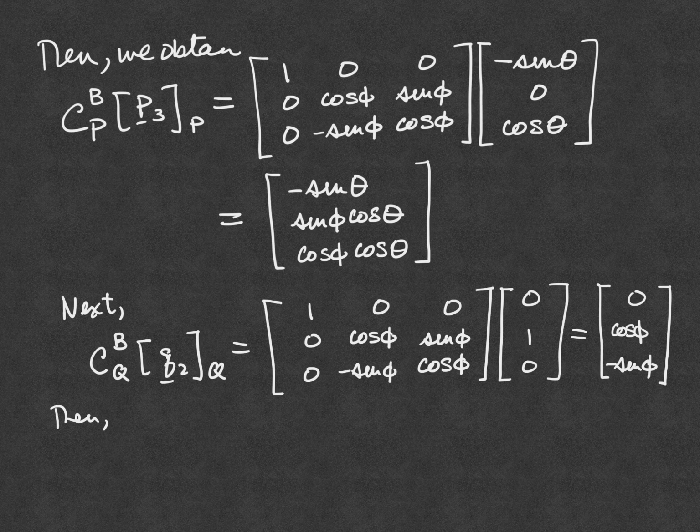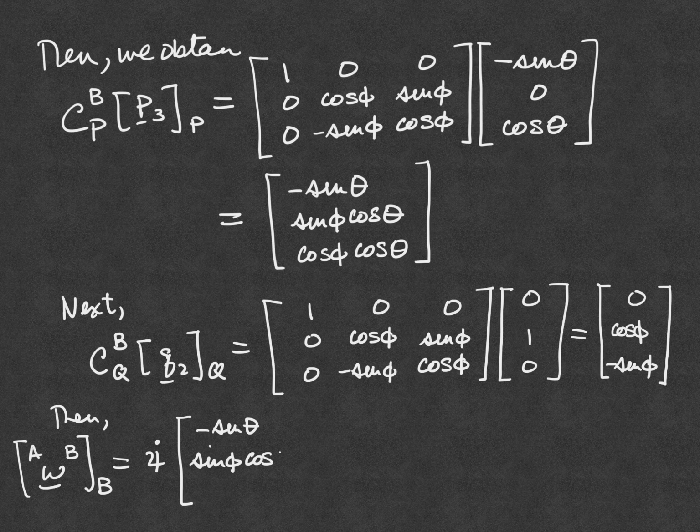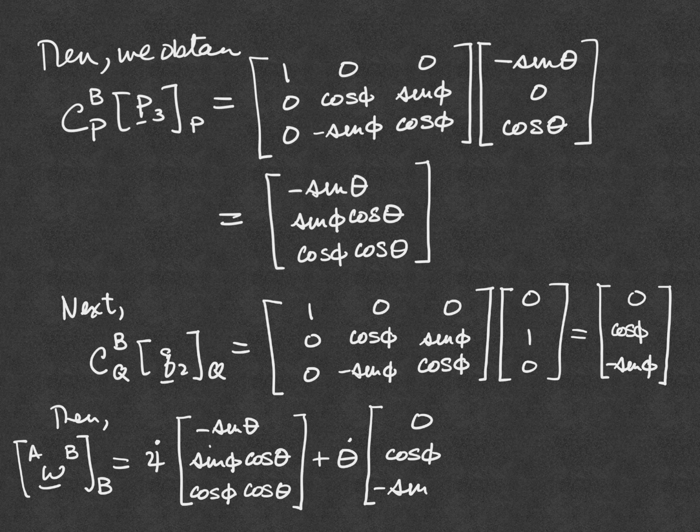So then the angular velocity of B in A expressed in body fixed coordinates is going to equal psi dot times, well, I've got C B to P times P3 in P, which gives me minus the sine of theta, sine of phi cosine of theta, and cosine of phi cosine of theta, plus theta dot times 0, cosine of phi, minus the sine of phi, plus phi dot times 1, 0, 0.